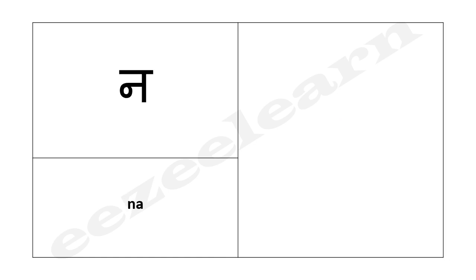The next letter is Na. Previously, we have seen this Na. So the difference between this Na and this Na is that this has to be pronounced strongly. Na is this, and this one is Na.